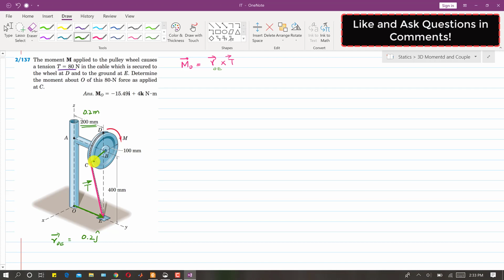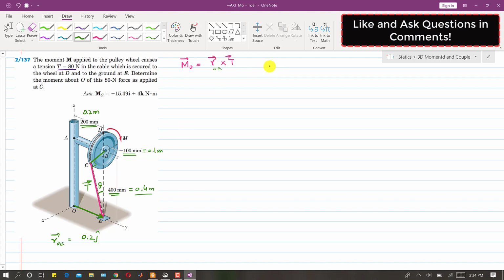This length is 100. The radius of this pulley is 100 mm, and in meters it is 0.1 meters. And this BE length is 400 mm, which is 0.4 meter. So we know this length and this length, and from this triangle we can find this angle. Let's suppose this angle is theta, and we can find it using this BCE triangle.